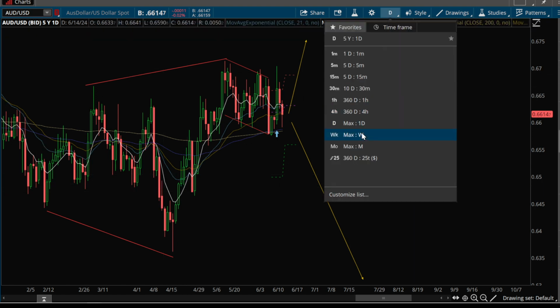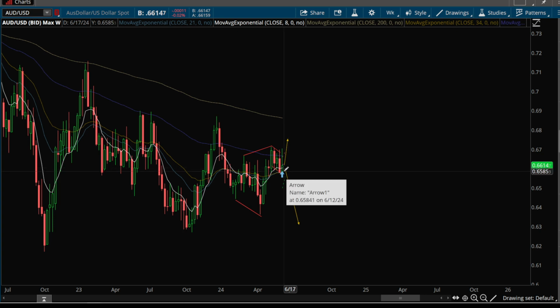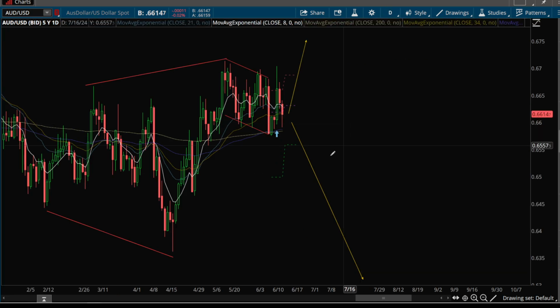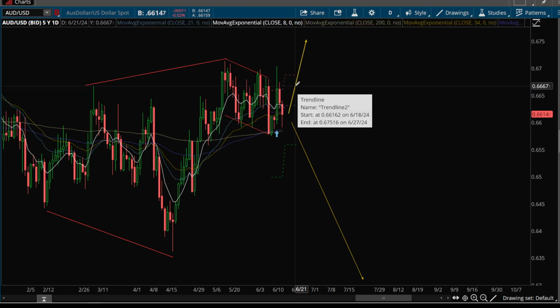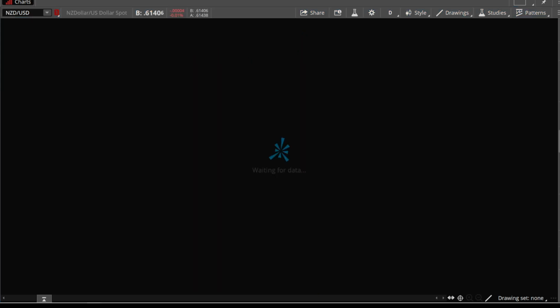Because you're coming into that weekly overbought 89, and you're hanging on the 8 by a thread, but you got a bullish setup when you jump down a time frame. So I'm more interested in sells, and we just need bulls to fall apart right here, which it looks like they're doing. So that's what we got on Aussie.